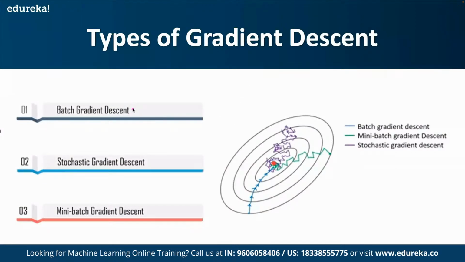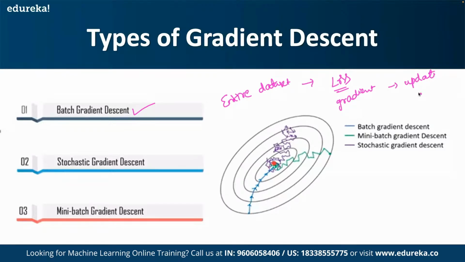When we talk about batch gradient descent, we consider the entire data set. For the entire data set, we find the value of loss, and on this loss function I find the value of the gradients, and then I update the parameters.